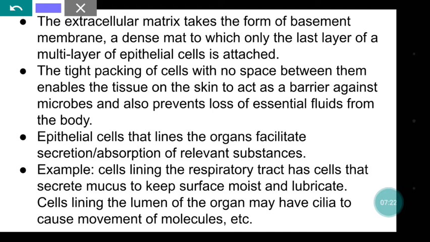If the lining is moist and lubricated, it prevents the tract from abrasion, from breakdown due to the pressure of the air.